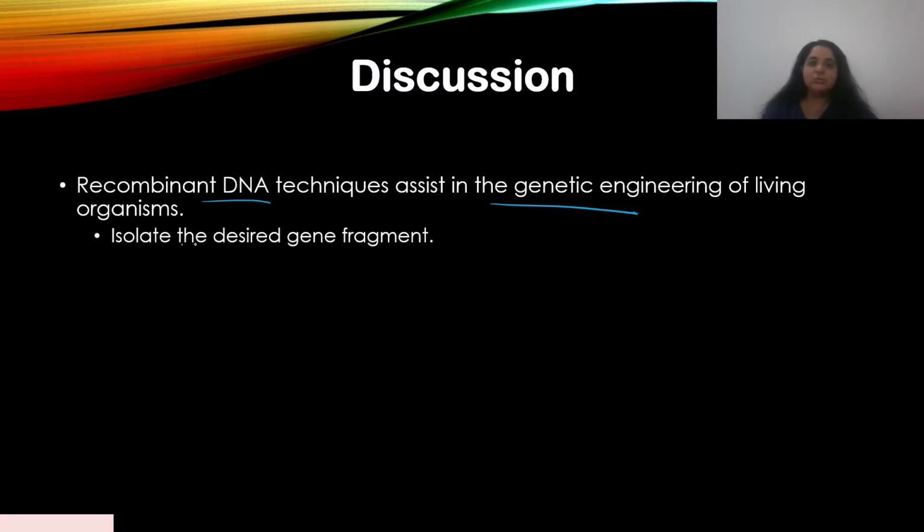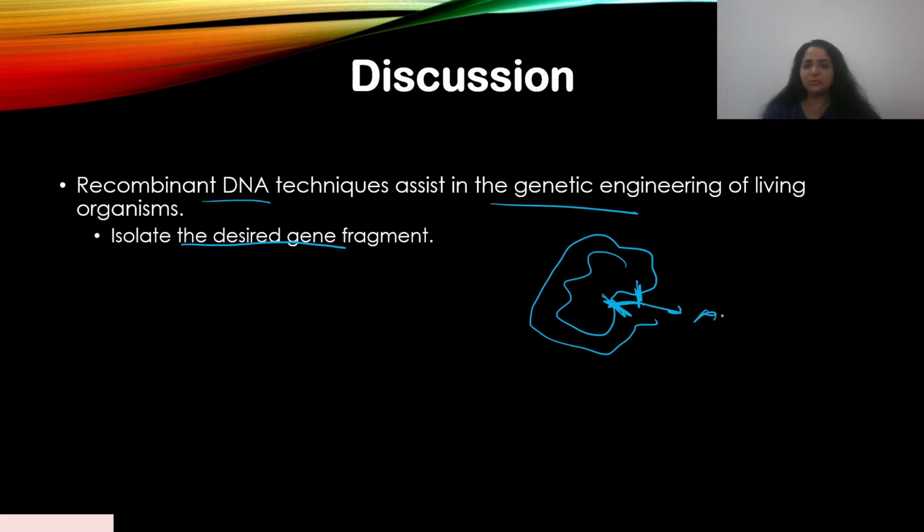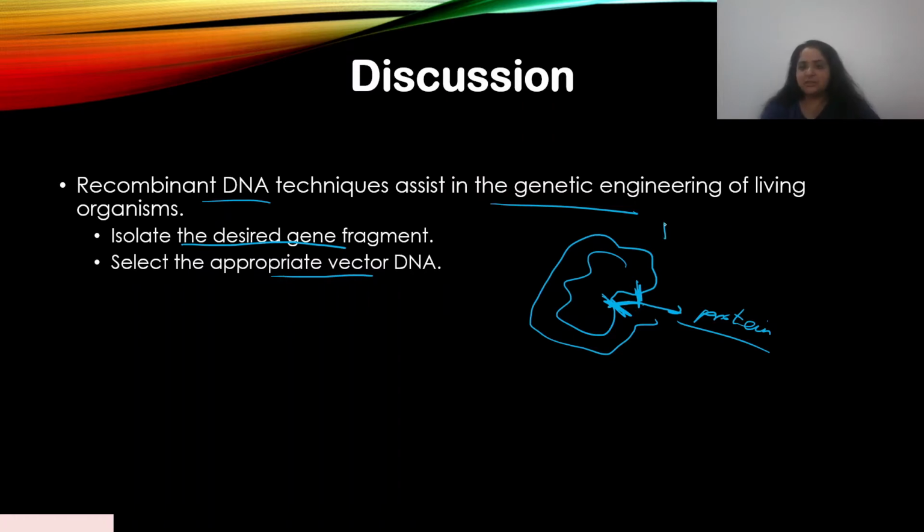So first we need to isolate the desired gene fragment. Let's say you have this whole DNA, this whole structure over here. We identify the gene that we want. This particular gene fragment codes for a particular protein. We have established that. So we isolate that gene fragment. That's the first step. Then we select the appropriate vector DNA. For example, let's say pBR322 is the ideal vector for that.